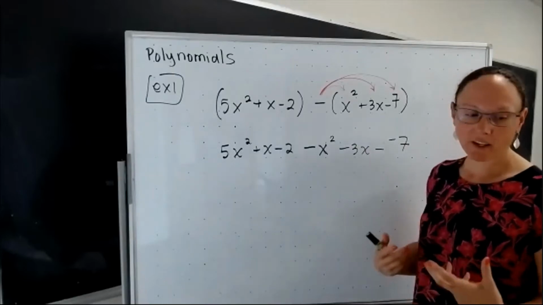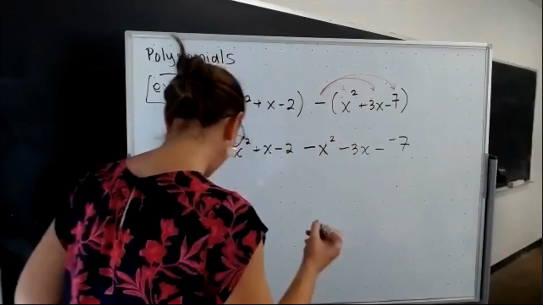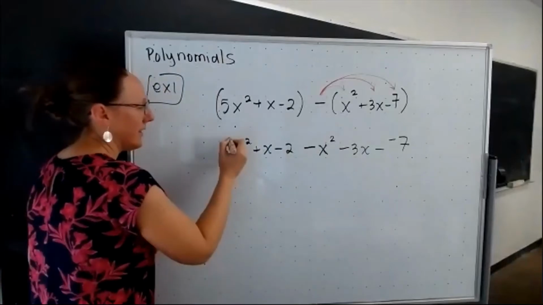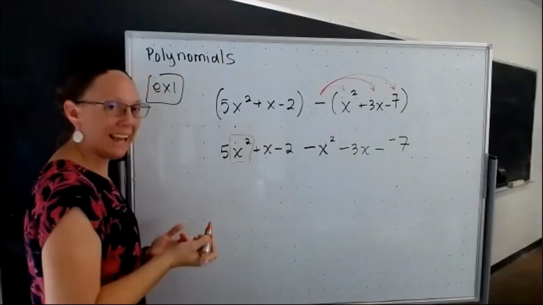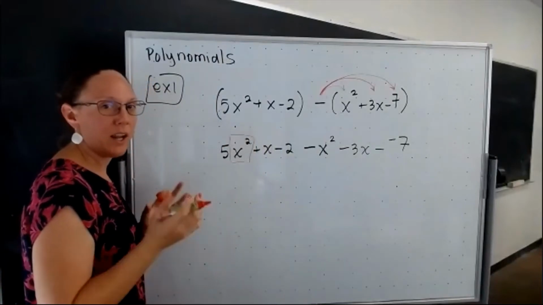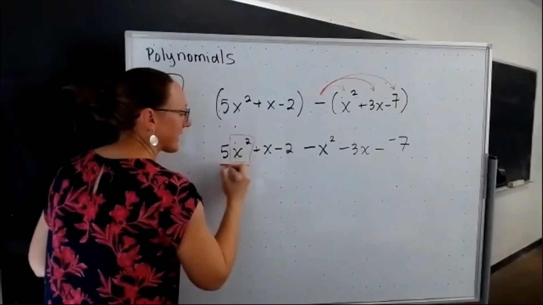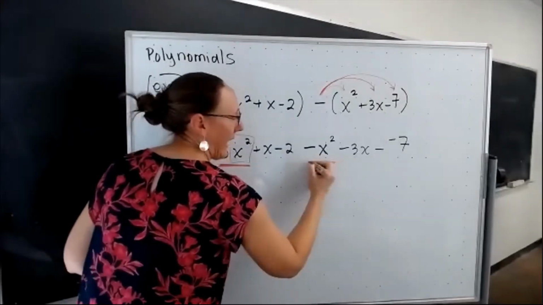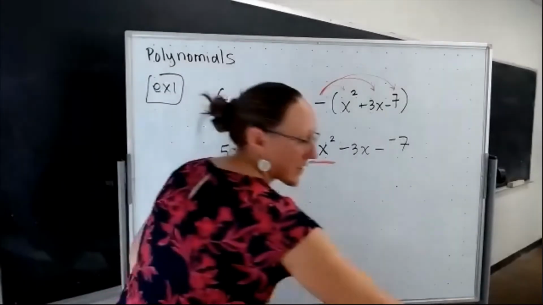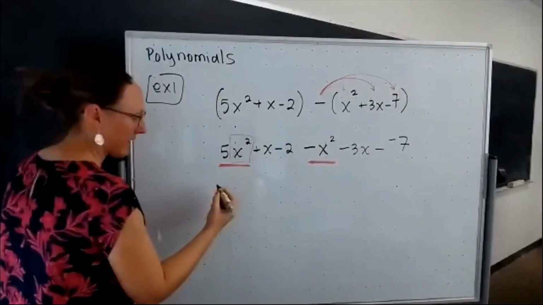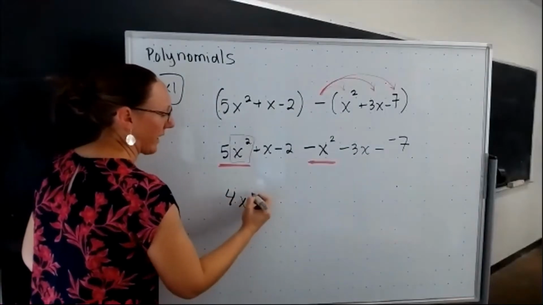So when we talk about like terms, that means this x squared guy, anything else with an x squared in it, that's what I'm going to put together. So I've got this 5x squared term subtracting an x squared. So together, that's going to give me 4x squared.